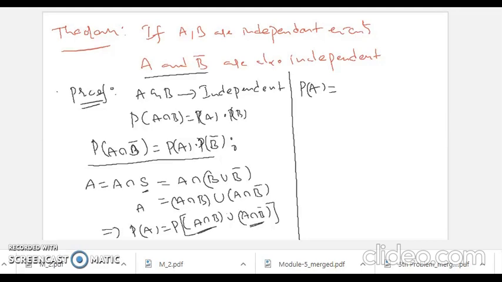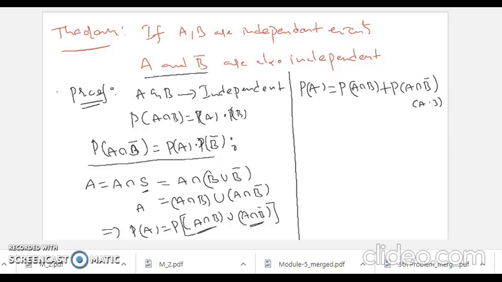That's why we write P of A intersection B plus P of A intersection B bar, by axiom number 3 in the axiomatic definition of probability.